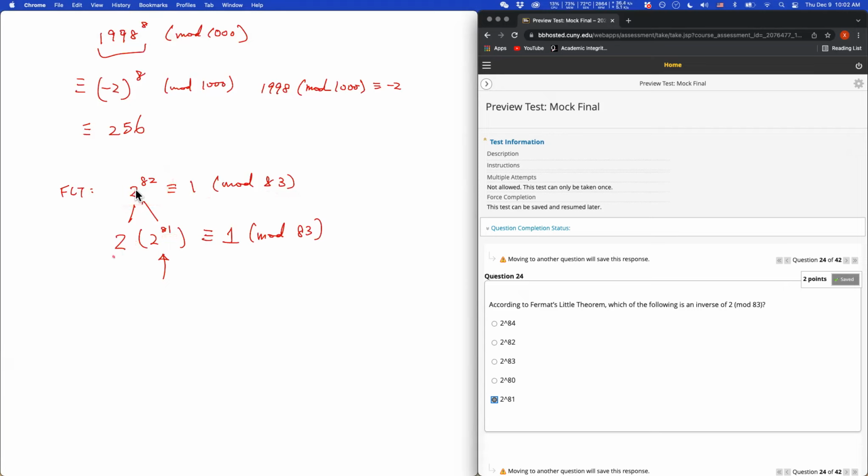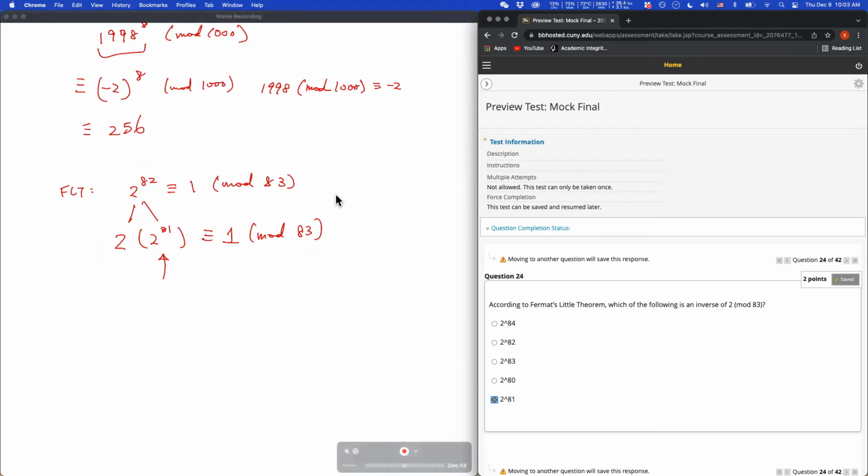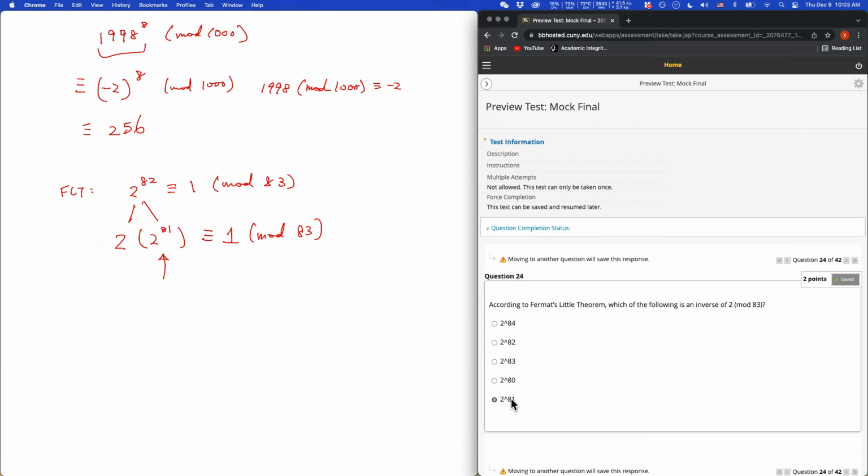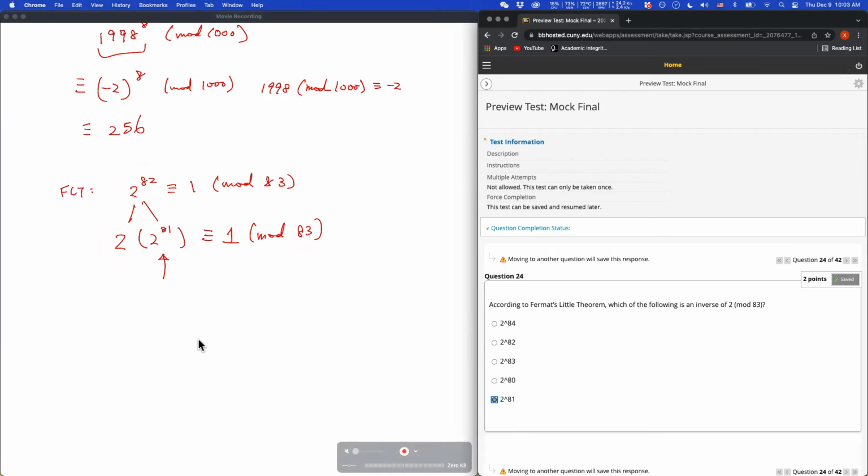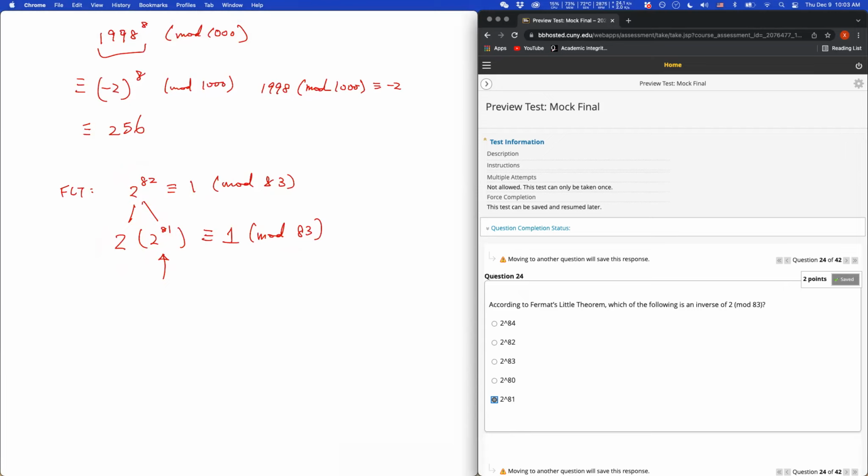So since 2 times 2 to the 81 is congruent to 1 mod 83, the inverse of 2 will be 2 to the 81, since when you multiply it, you get 1 mod 83. So the inverse will be 2 to the 81. Are we good here?